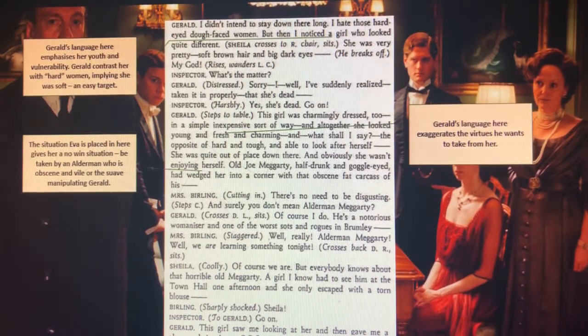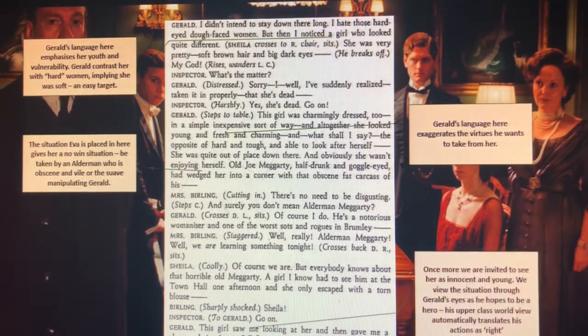Be taken by the alderman, who is obscene or vile, or the suave manipulating Gerald. Once more, at the end of this page, we are invited to see Eva as innocent and young. We view the situation through Gerald's eyes, as he hopes to be a hero. His upper-class worldview automatically translates his actions as being in the right.